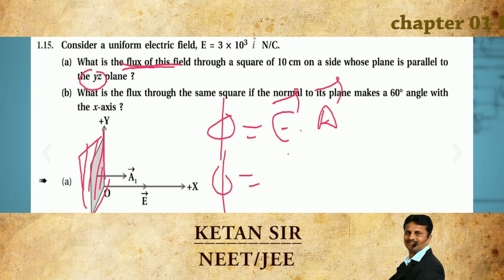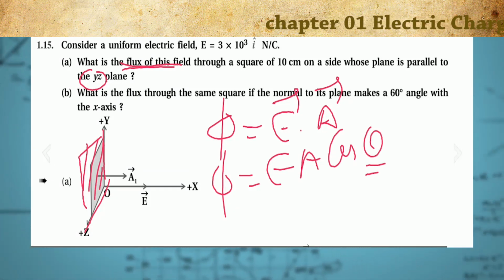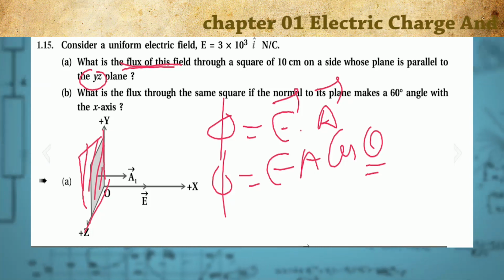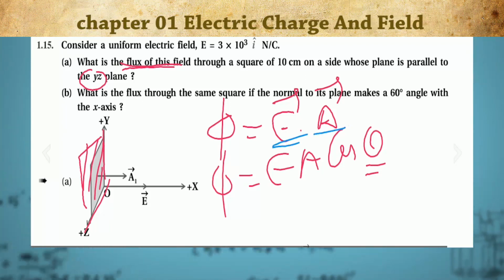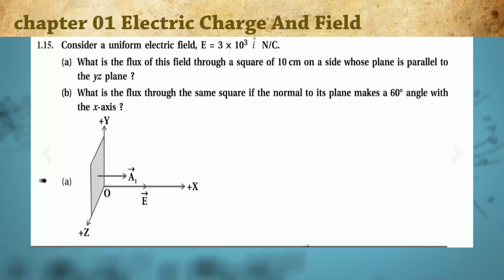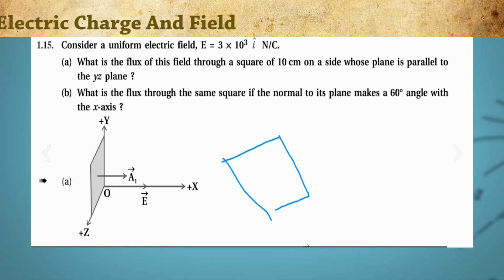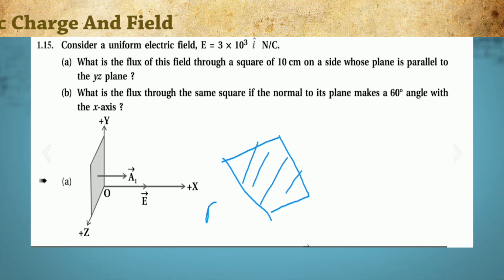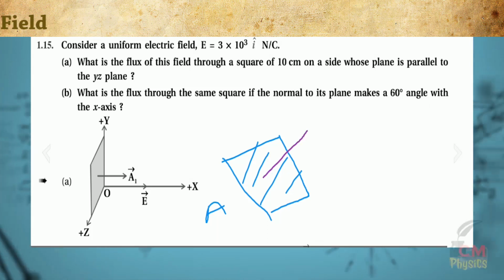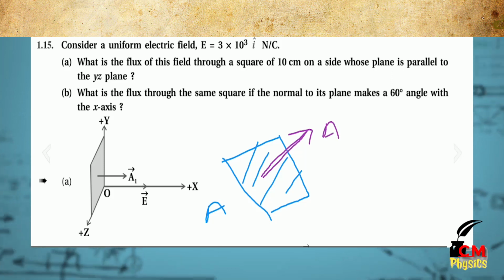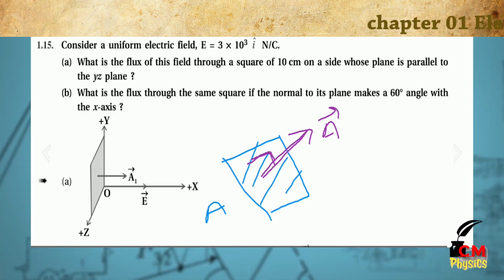That means phi is equal to EA cos theta, where theta is the angle between E and A. We know very well, if this is your area of value A, then the area vector is perpendicular to the plane.